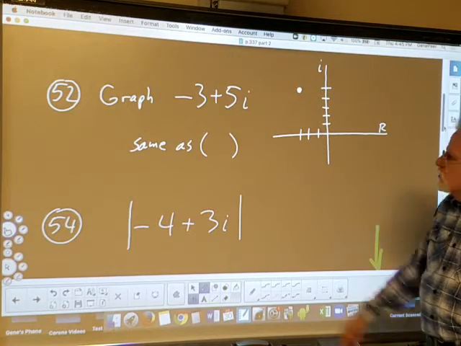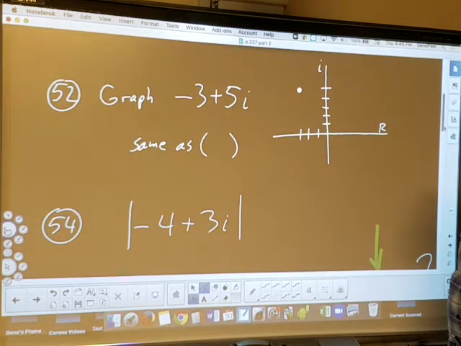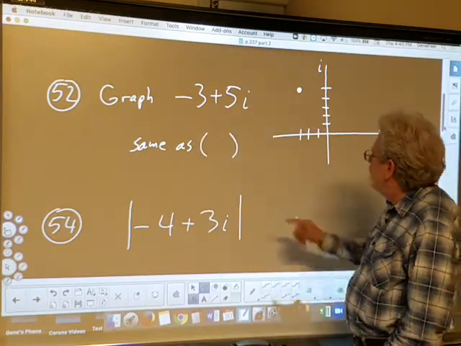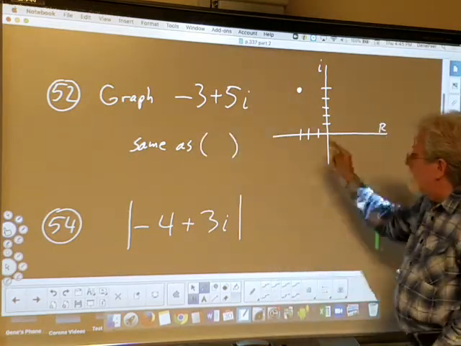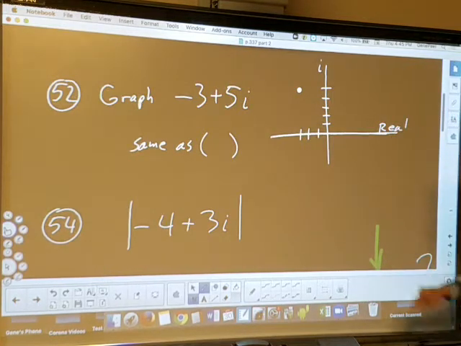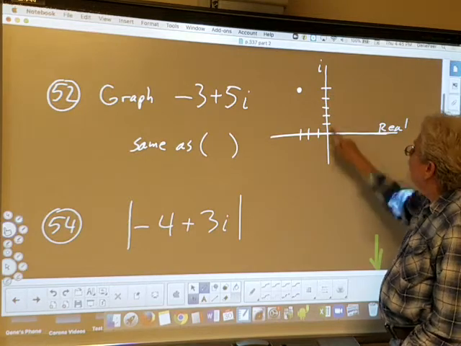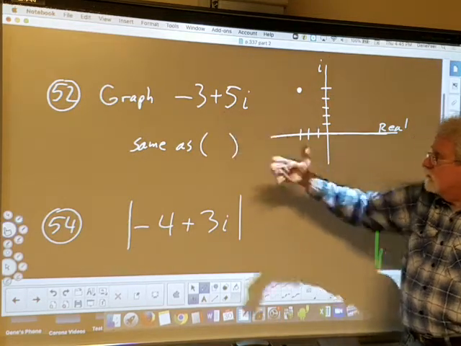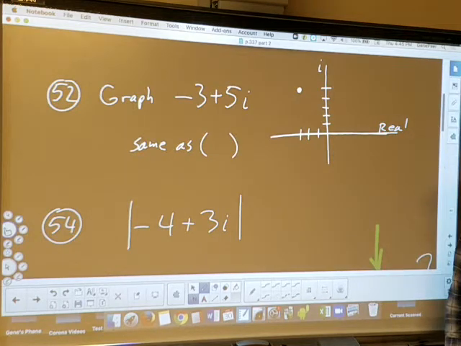Alright. Graphing negative 3 plus 5i. Oh, how easy can you get? To graph the imaginary number negative 3 plus 5i, remember, it's not on the real number line. This axis is referred to as the real axis. This is the imaginary axis. This is an imaginary number. It's not on the real number line.